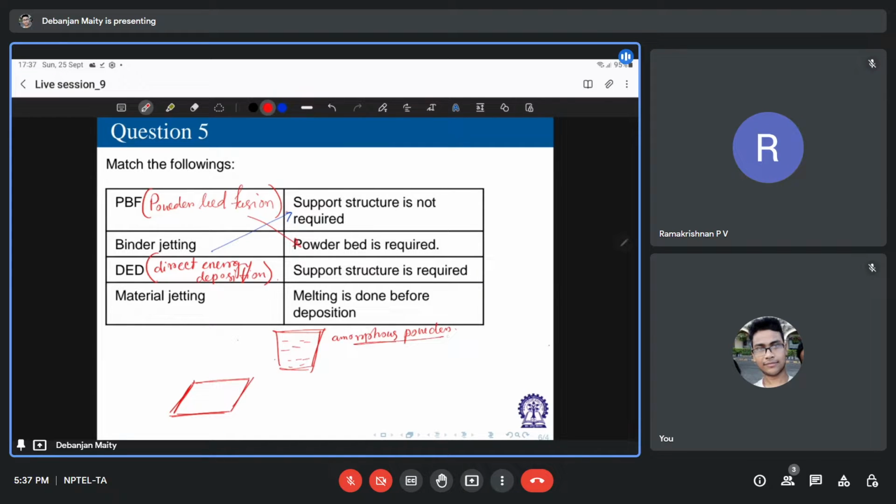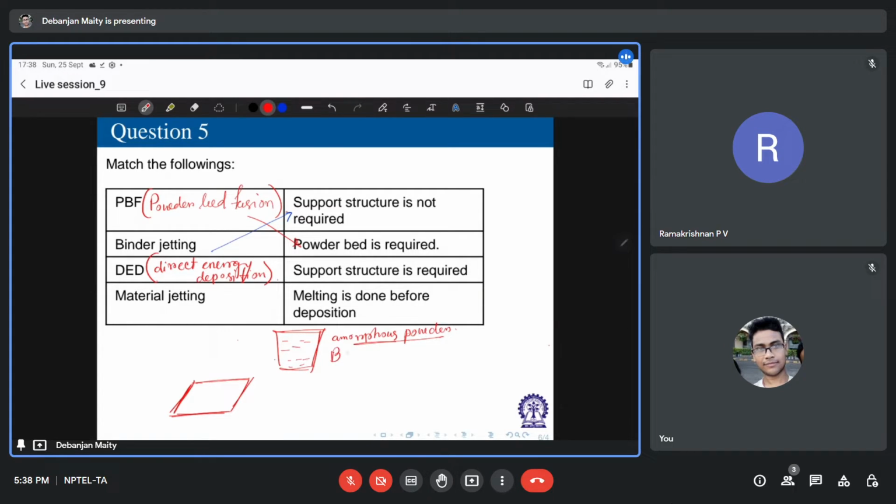Amorphous powder is mainly when you are alloying different powders, and the final product will be some kind of alloy formation, and basically you ultimately want to enhance the strength and ductility in terms of structural performance, right?